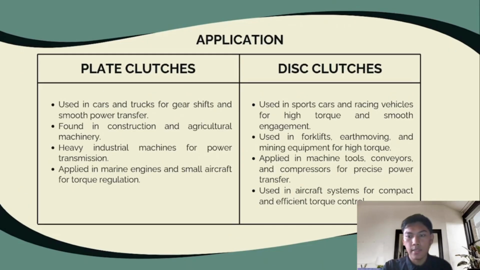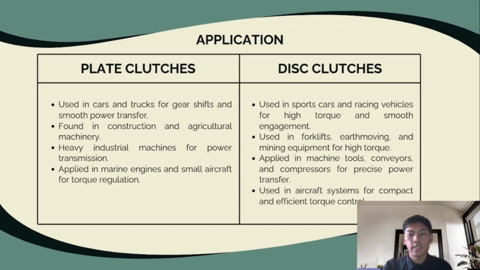Next, this clutch is used in high performance vehicles, in sports cars and racing vehicles for high torque and smooth engagement. Okay. Next, heavy duty machinery, used in forklifts, earth moving, and mining equipment for high torque.